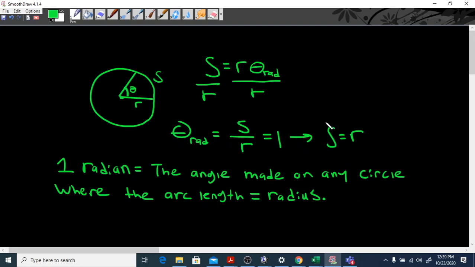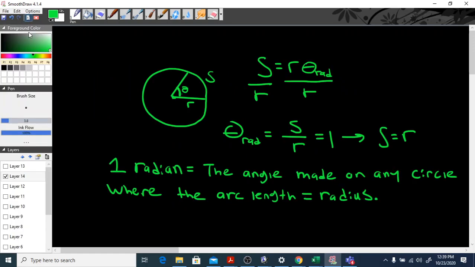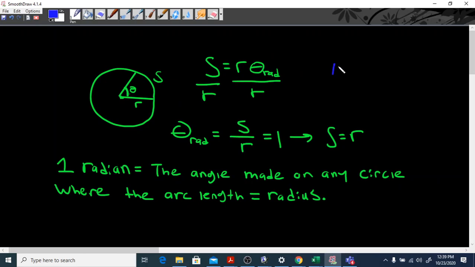Okay, and what's interesting about this is that it takes exactly pi radius units to make 180 degrees. So in other words, we have the following extremely important relation: pi radians is exactly the same as 180 degrees.